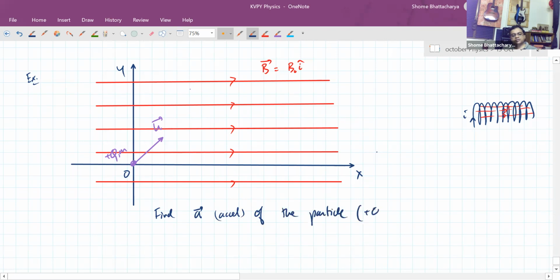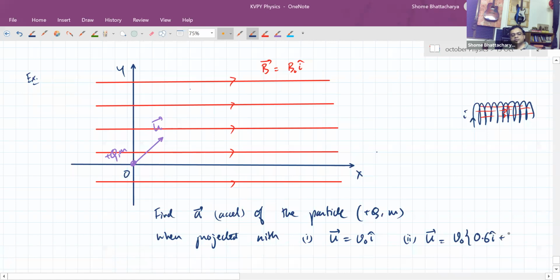The particle has charge plus q and mass m, and is projected with an initial velocity. Suppose in one case we take it as v naught i cap. In another case we take it as v naught into 0.6 i cap plus 0.8 j cap. So this is like the one shown in the diagram.